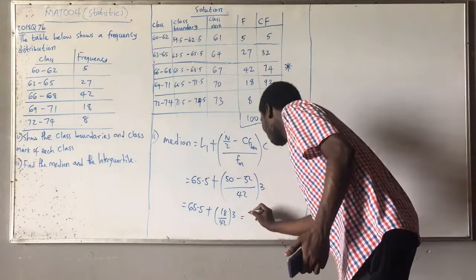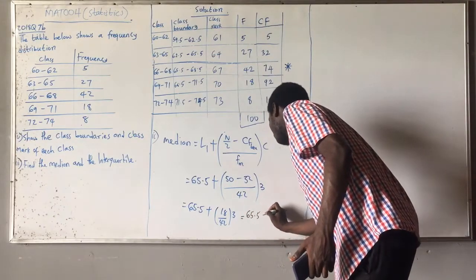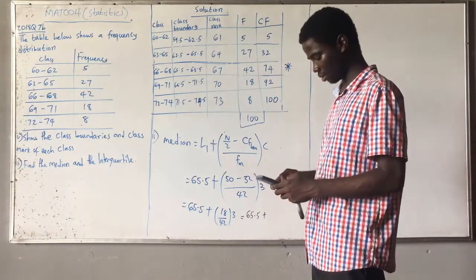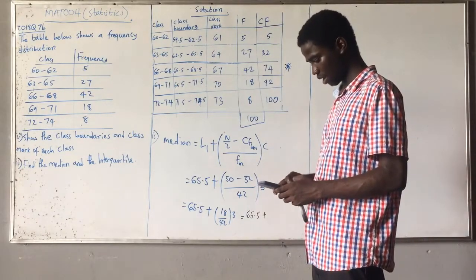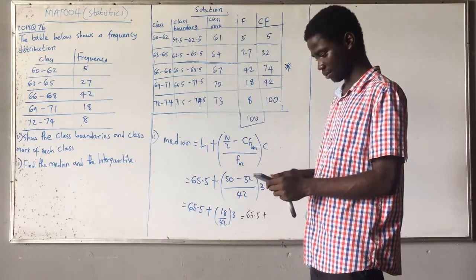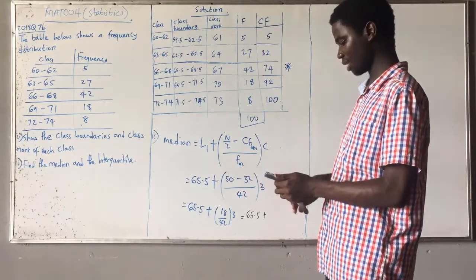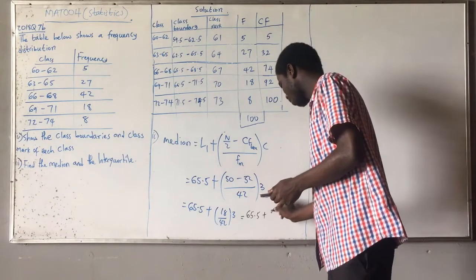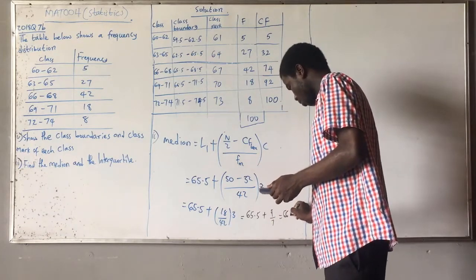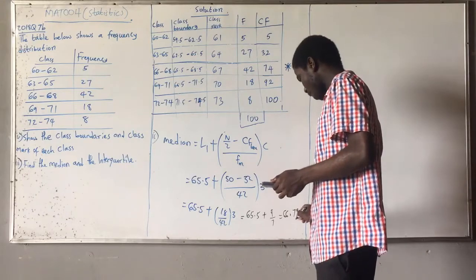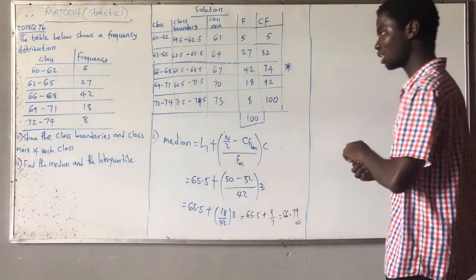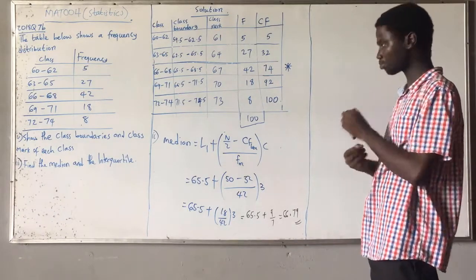So this is 65.5 plus 9 over 7. The median will be 66.79. So this is the median score, 66.79. Now they want you to find the interquartile range.